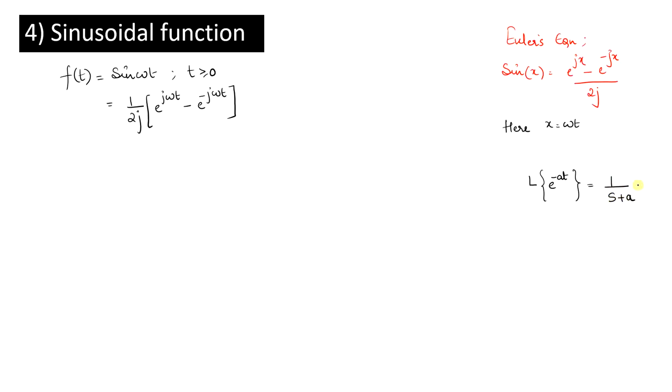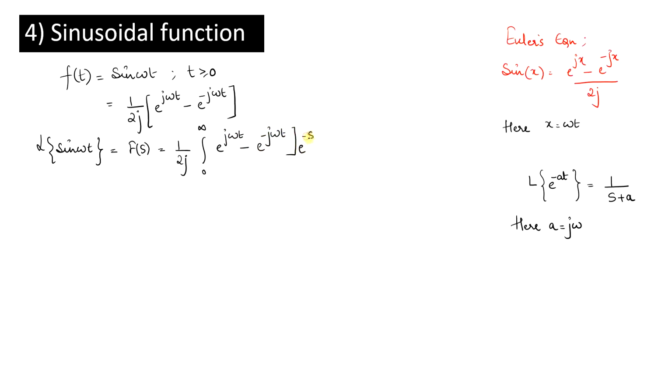Here a corresponds to j omega. So I can write the Laplace transform of sine omega t as f of s equal to 1 by 2j, which I can bring out, integration 0 to infinity e power j omega t minus e power minus j omega t, e power minus st dt. So we have seen the Laplace transform of e power minus at.